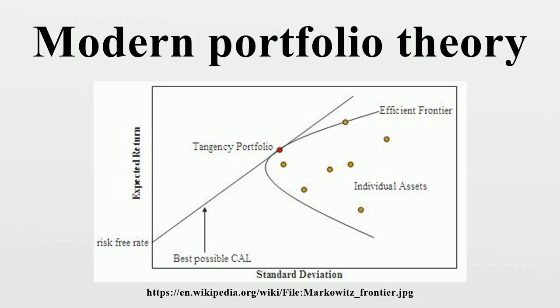MPT shows how to select a portfolio with the highest possible expected return, under certain assumptions and for specific quantitative definitions of risk and return. MPT explains how to find the best possible diversification strategy.